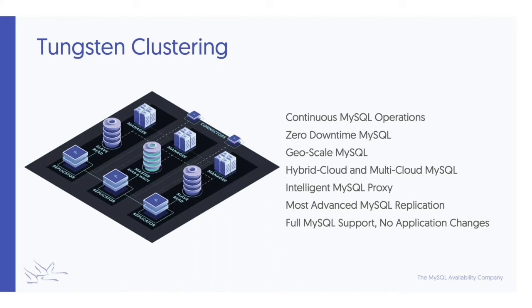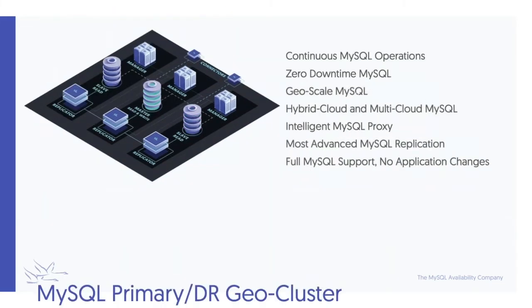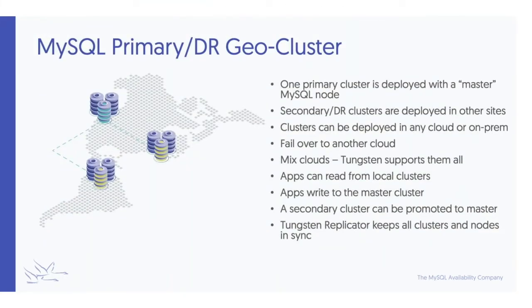So if we extend this, we can deploy multiple MySQL clusters, and we can deploy multiple clusters, some in the cloud, some on-prem, and on different clouds. We support on-prem and any cloud. And one of the topologies that we offer is what we call a primary DR Geo-Cluster, right?